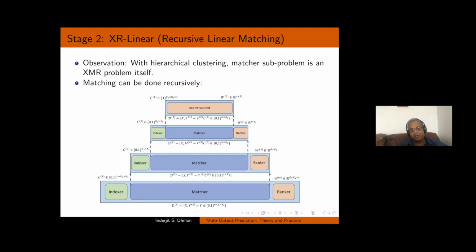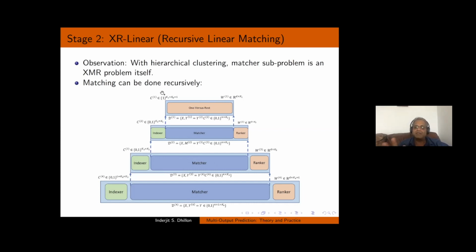So now if you think about it, that problem itself is this kind of extreme multi-label problem itself. And now if we have the indexing in a hierarchy, then we can actually do this matching in a hierarchical manner. So this is what this picture indicates, okay?